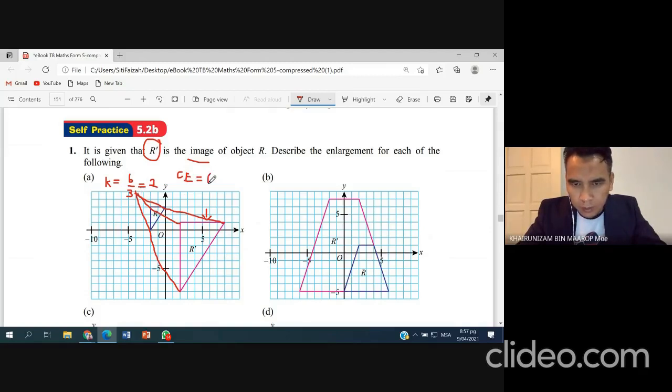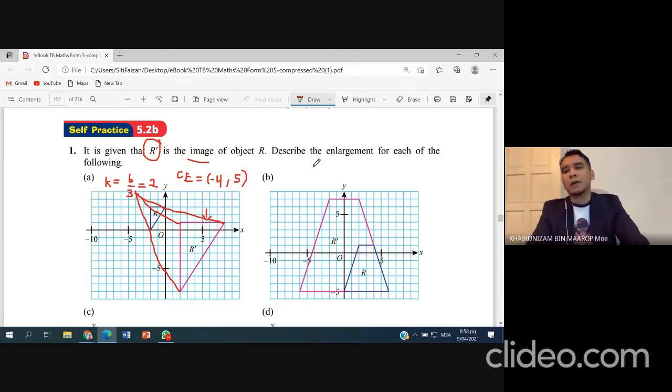Negative 4. Kita boleh tulis koordinat dia because this shape is drawn on the grid. So negative 4, ini berapa? Kalau ni negative 5, so it means 1, 2, 3, 4, 5. So 5.